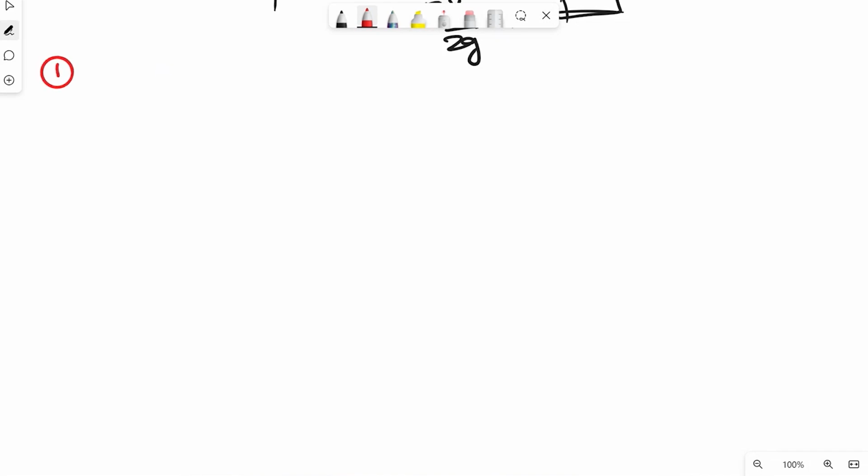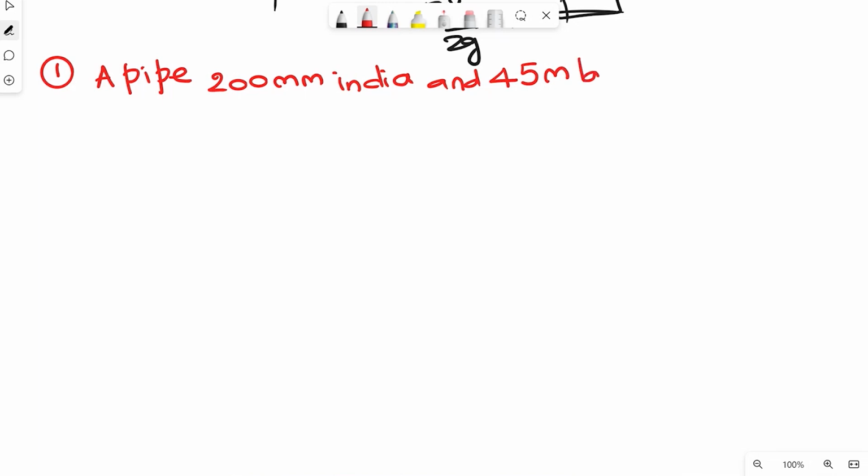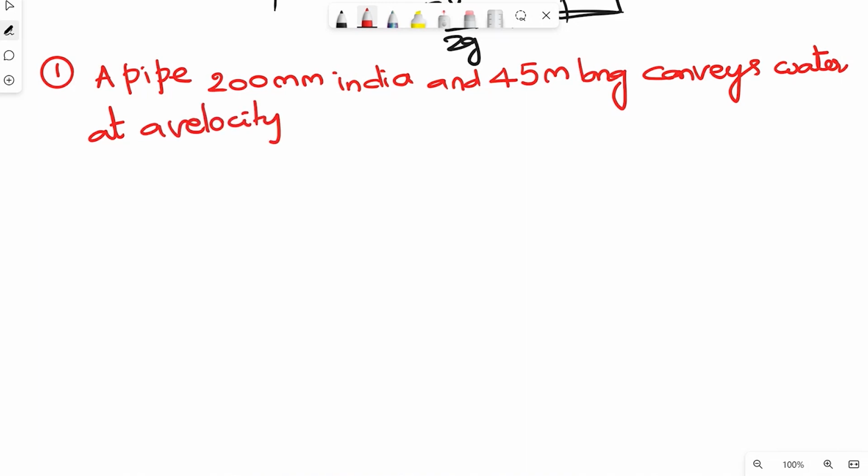The first problem I am taking: a pipe 200 mm in diameter and 45 meters long conveys water at a velocity of 2.5 meters per second.